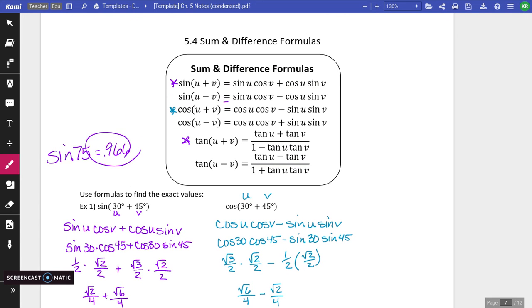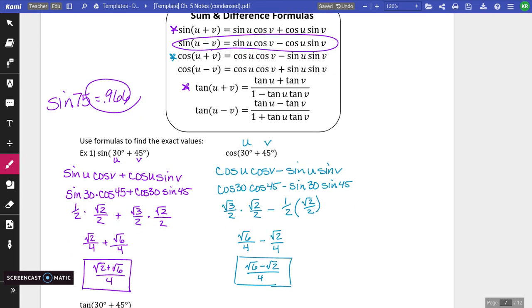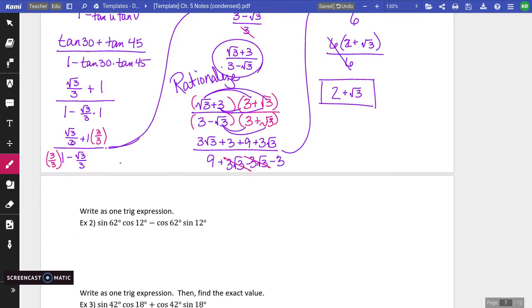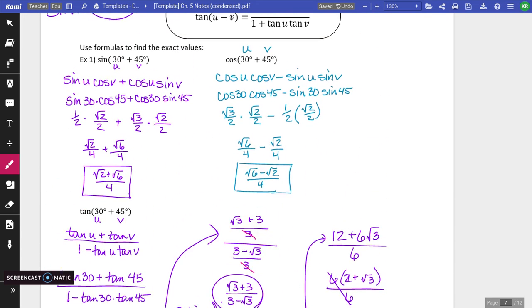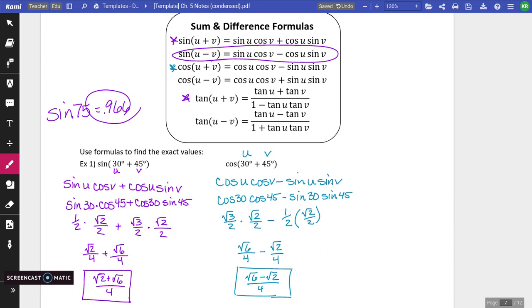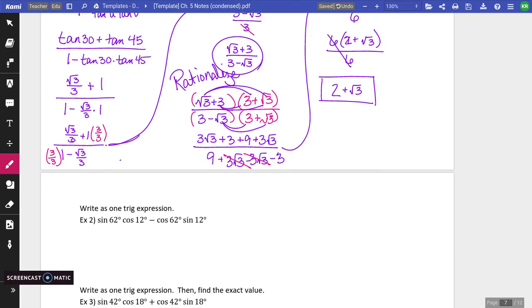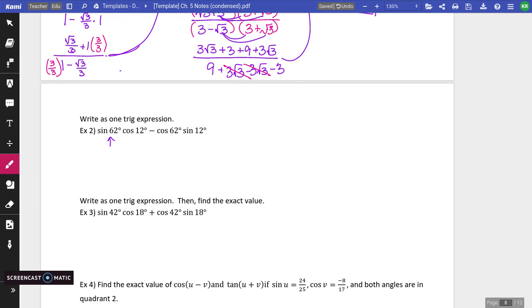I think we're looking at this statement right here: sine u times cosine v minus cosine u times sine v. So that's the same pattern. What we're really looking for is the sine of u minus v. So this is the u, this is the v. So sine of u minus v.